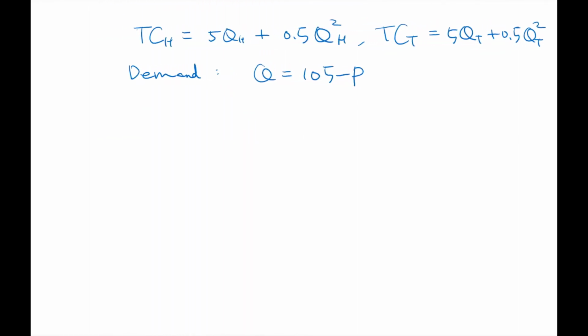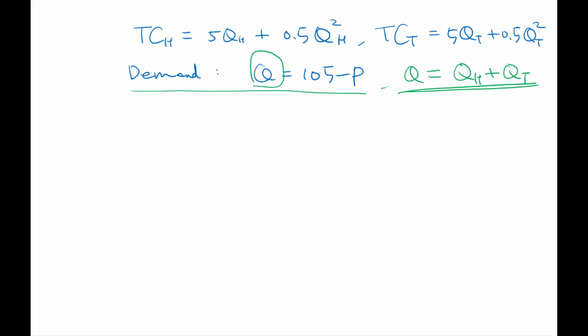Okay, how do we calculate the total output when these two firms collude to act like a monopoly and maximize their total profit? So here, the market demand function is given, and Q is the total output. So basically Q is the sum of output from each company, right?